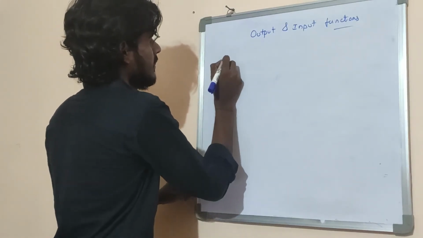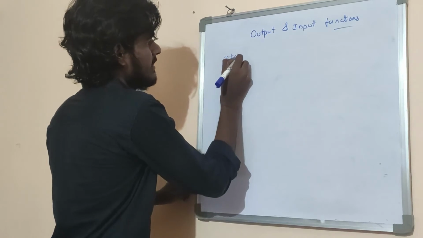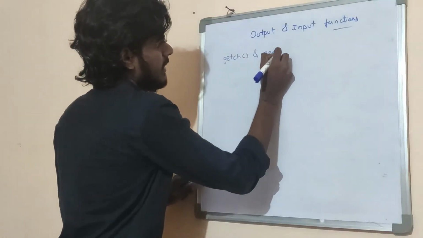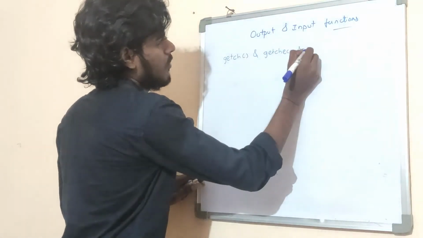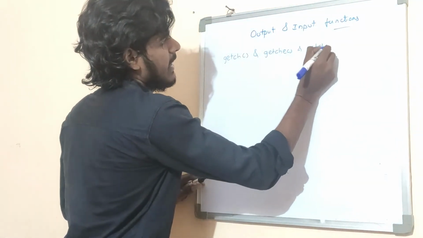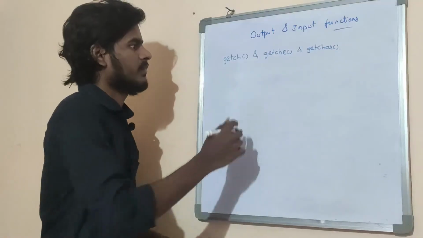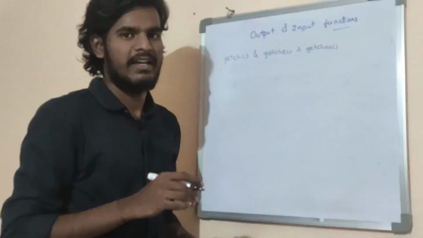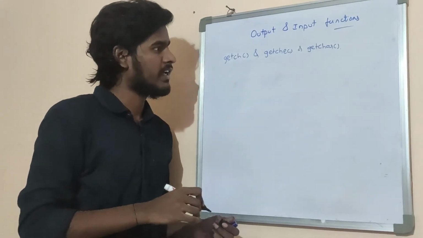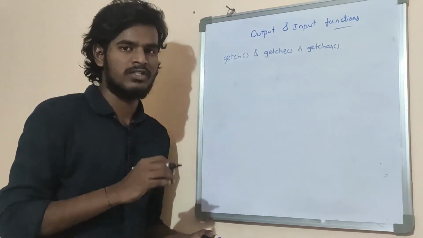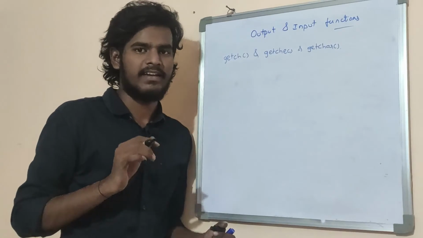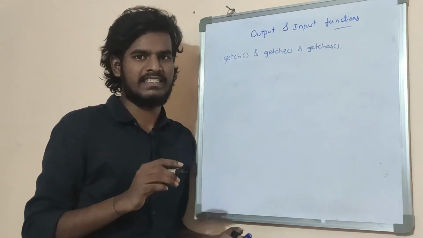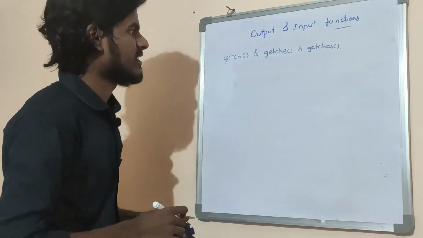First one is getch, the second one is getche, and the third one is getchar. These three functions are used to read only single character data, not for integers, not for float, not for strings.